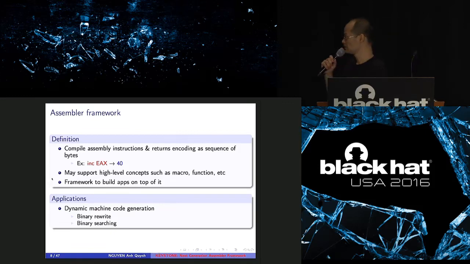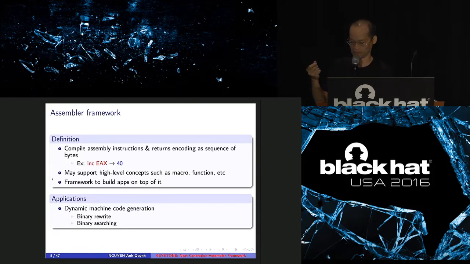By definition, an assembler framework is a tool that, given assembly instructions, can compile them and give you back the binary encoding. For example, on x86, if you give the inc EAX instruction to the assembler, it can compile and return 1 byte, which is 40.